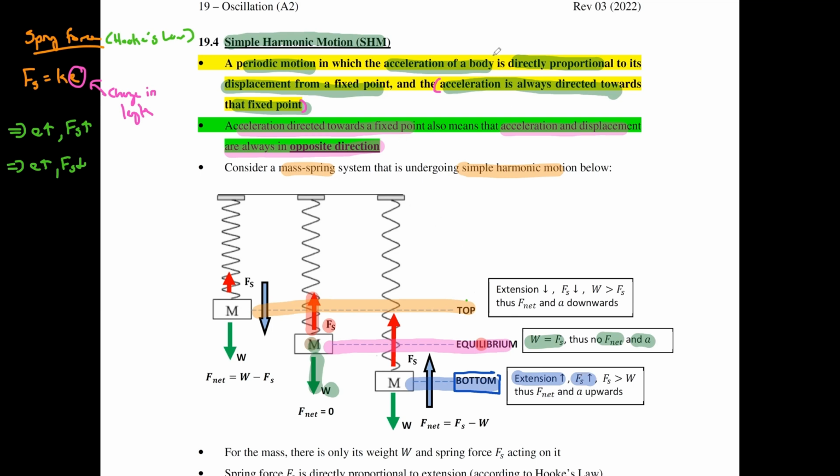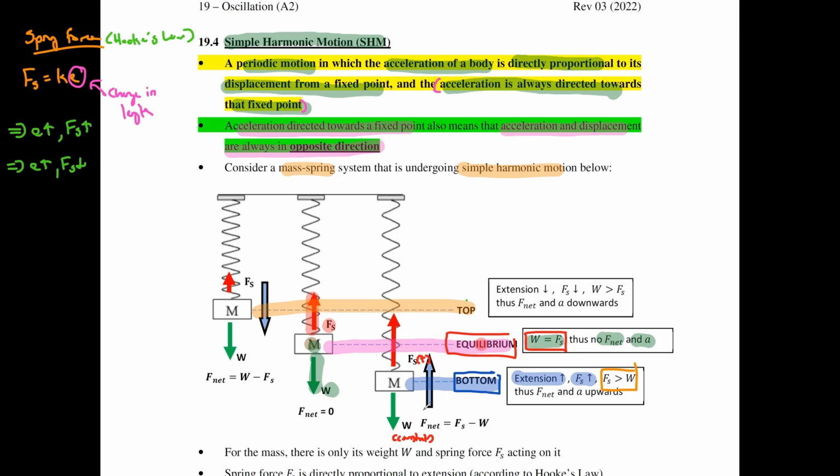Okay, but the thing is that while your spring force has increased in value, your weight remains constant. So before this, if you look at the equilibrium position, the weight was equal to your spring force. But now when you go downwards, your spring force has now actually increased. It will only be reasonable to say that your spring force is actually more than your weight.